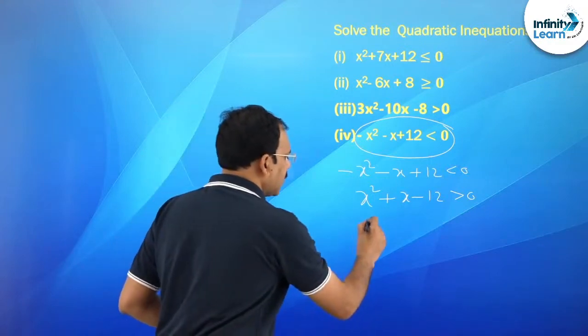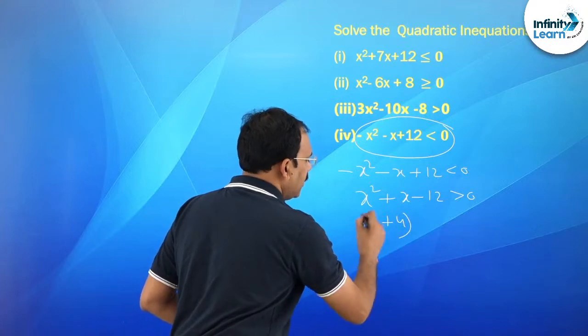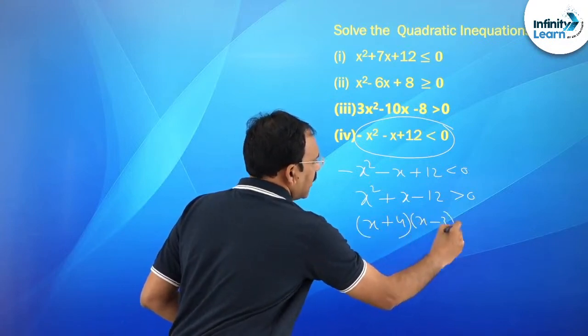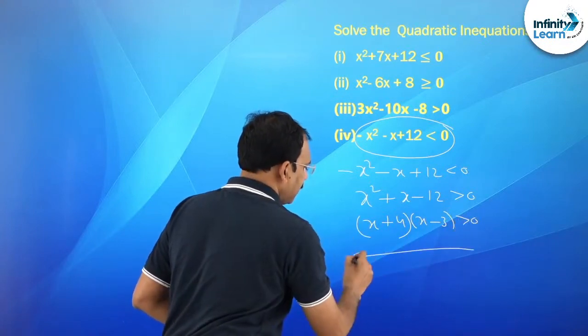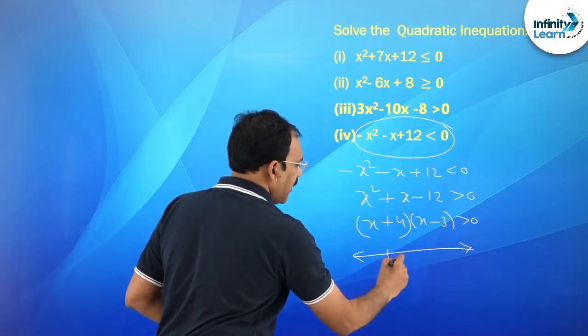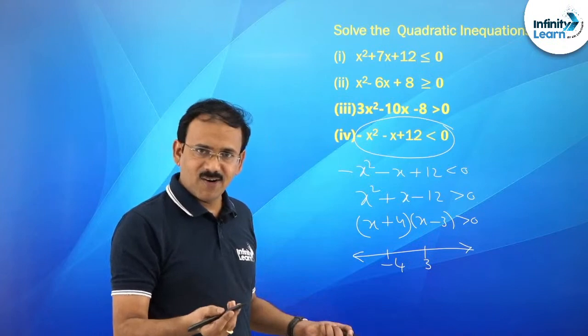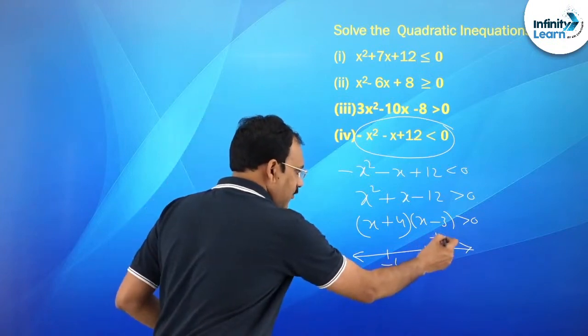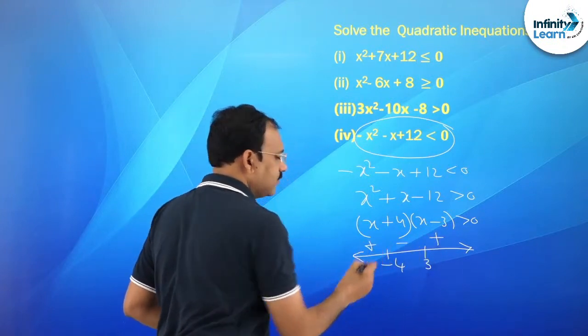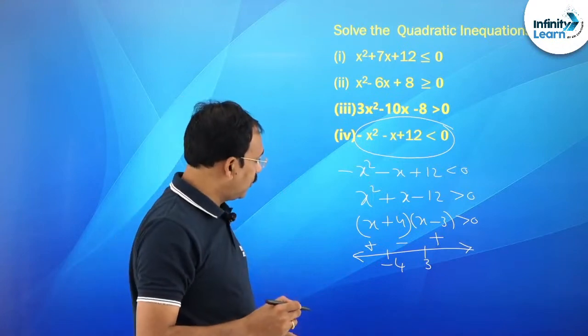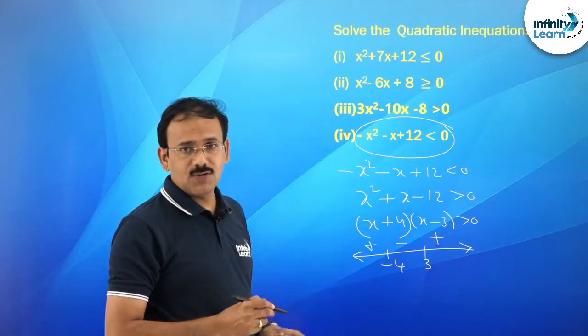Now can you factorize? (x plus 4)(x minus 3) is greater than 0. Next step, this becomes 0 at minus 4, this becomes 0 at 3, isn't it? Now positive, negative, positive. So I have to get positive kind of.